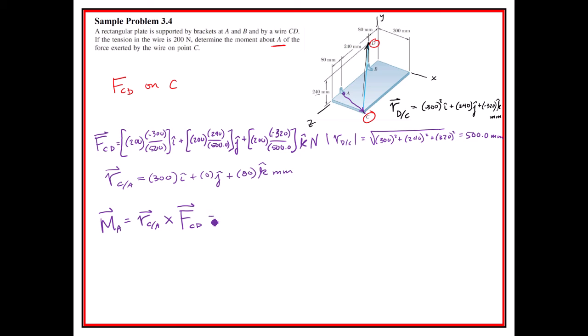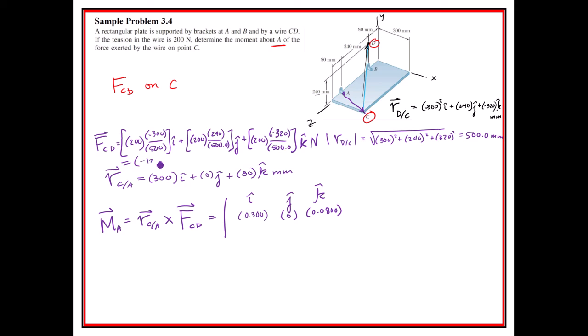It's going to look like i, j, k, then 0.3, and I'll put the other zeros in there, 0, and then 0.08. Okay, so I didn't actually get this value down here, silly me. I just skipped right over it.